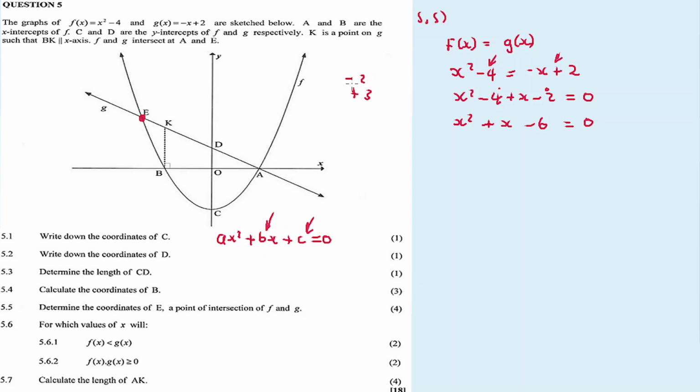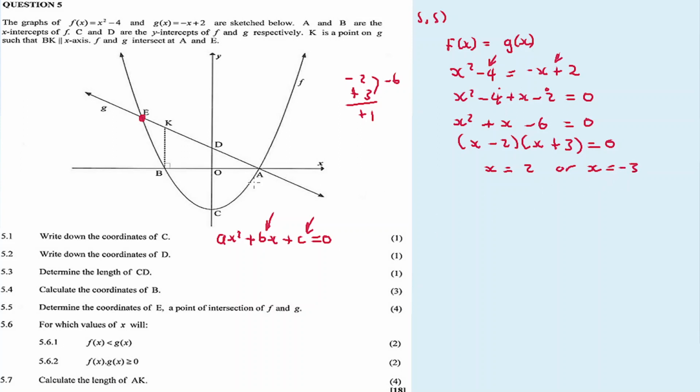Because when I add minus 2 and plus 3 I get plus 1, and when I multiply them I get negative 6. Here we are. So my factors will be x minus 2 and x plus 3 equal to 0. Then the first x will be equal to 2, and the second will be equal to minus 3.